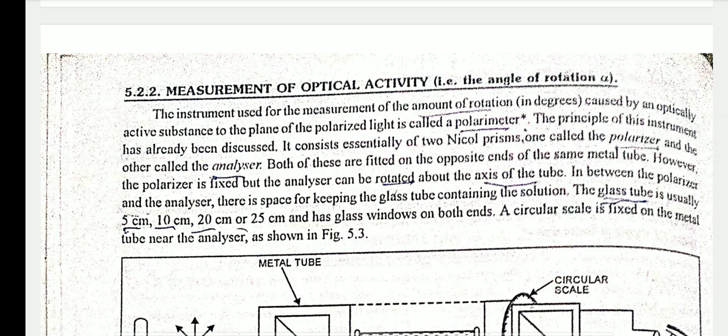Both of these are fitted on the opposite ends of the same metal tube. However, the polarizer is fixed but the analyzer can rotate about the axis of the tube. In between the polarizer and analyzer, there is a space for keeping the glass tube containing the solution. The glass tube is usually 5 cm, 10 cm, 20 cm or 25 cm and has glass windows on both ends. A circular scale is fixed on the metal tube near the analyzer.